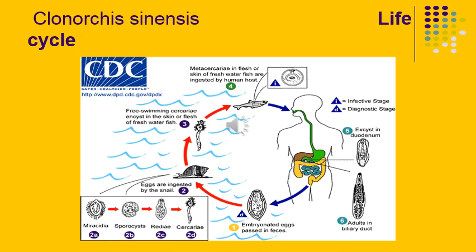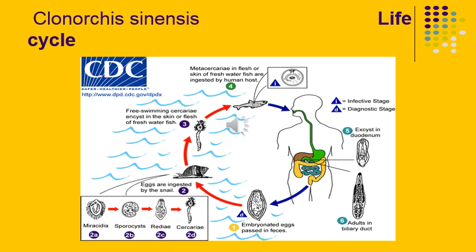We are going to talk about the life cycle of Clonorchis in this slide. If you can see, the human can be infected by eating raw fish meat. So if we want to follow this cycle, we have to start from one. The embryonated eggs pass in feces.